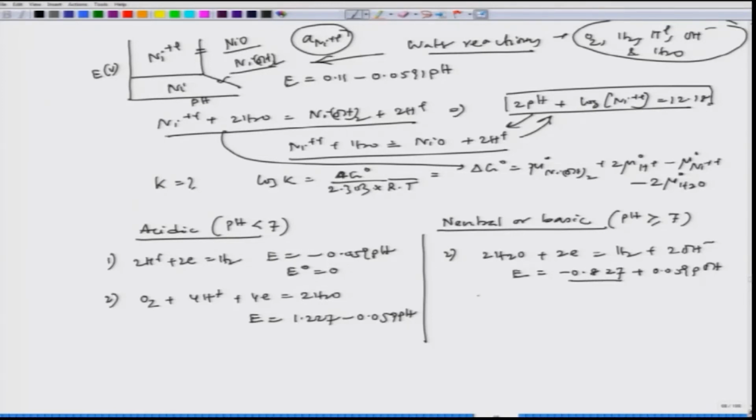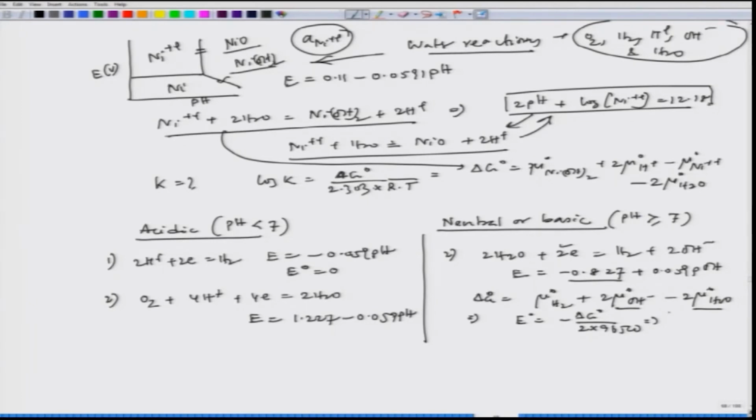If you do the calculation, delta G0 would be mu0 H2 plus 2 mu0 OH minus minus 2 mu0 H2O, and here 2 electrons are involved. So, E0 would be delta G0 divided by minus 2 into 96500. If you do that calculation, because you already know the values of these, just go back to the earlier lectures and find out what the values are.